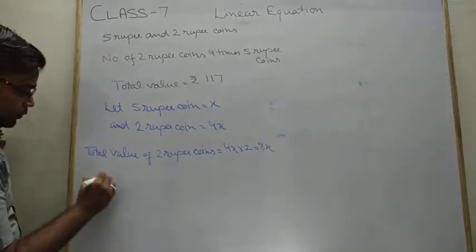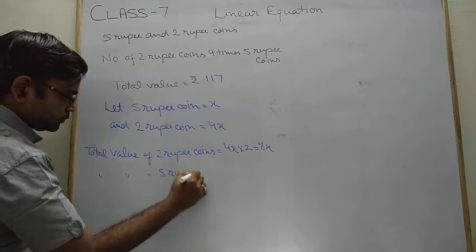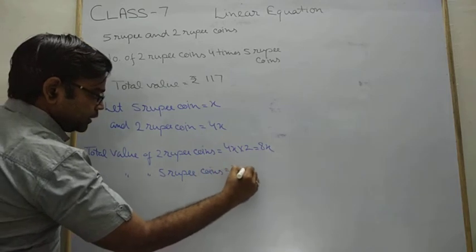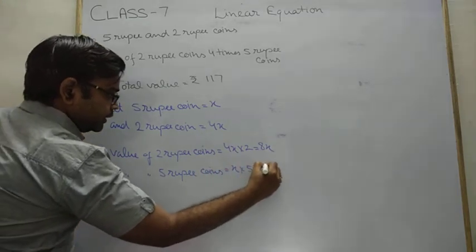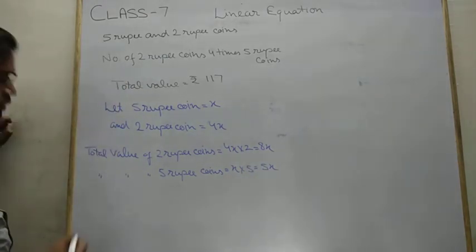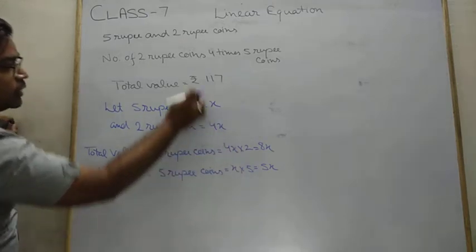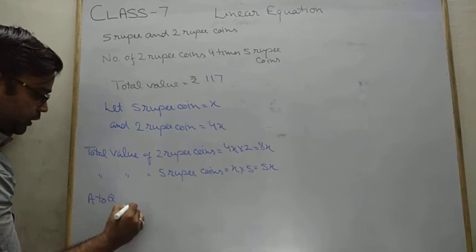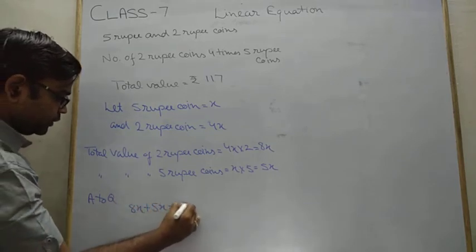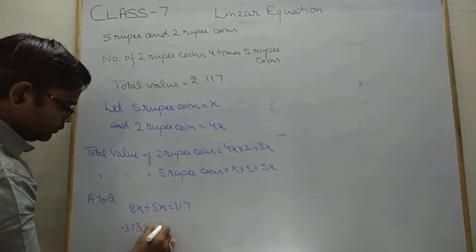And total value of 5 rupee coins equals x into 5, it's 5x. But what does the question say? According to the question, these sums equal 117. So 8x plus 5x equals 117, or we can say 13x equals 117.